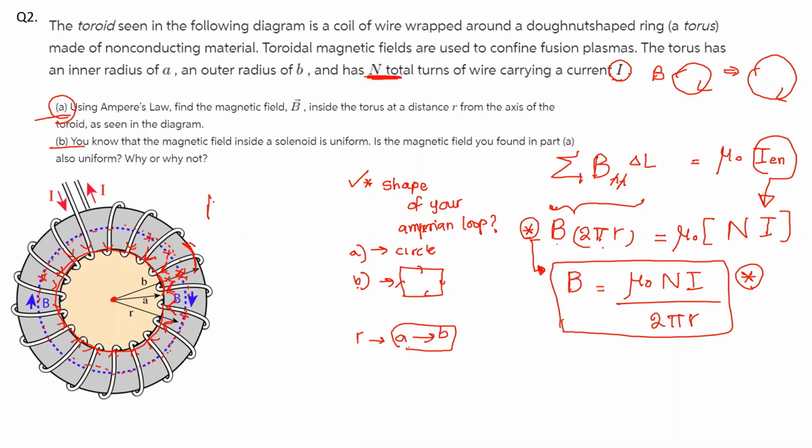The equation for the solenoid was this, mu N I over L. Compare it with this equation for the toroid and tell me if the magnetic field inside it is uniform. What they mean is, is the magnetic field here the same as the magnetic field here? Is it a constant throughout each radius? Is it a constant or not?